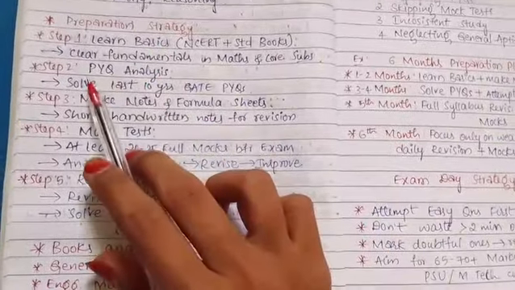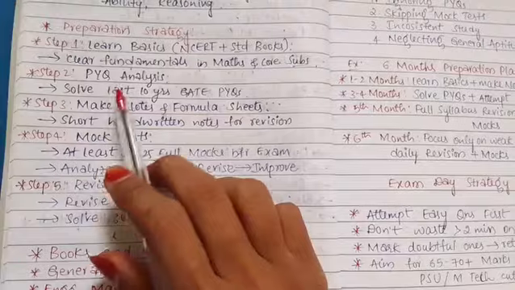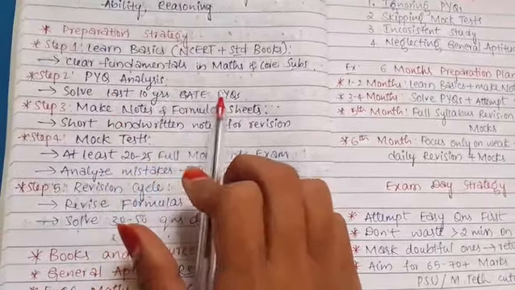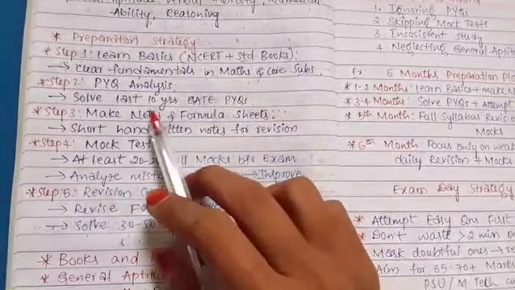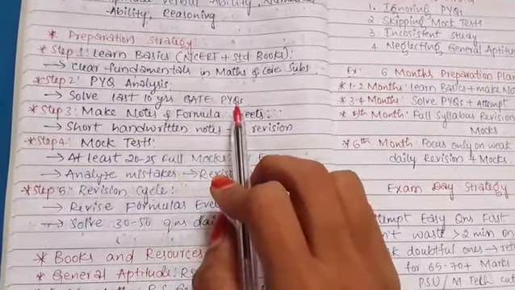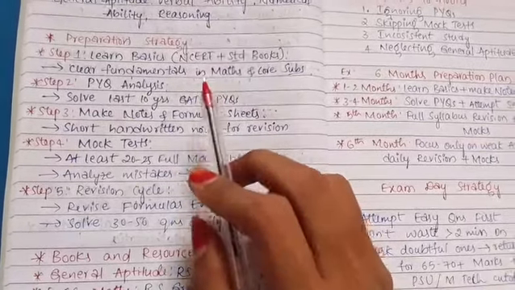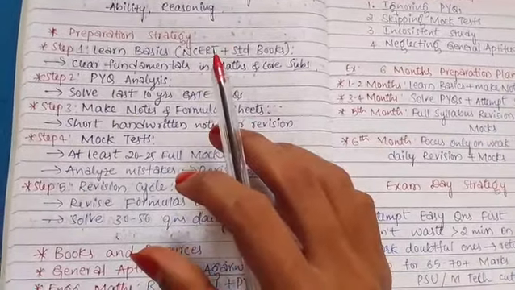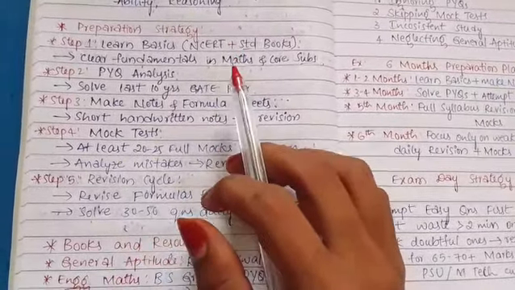And step 2, previous year question paper analysis. Solve the last 10 years of GATE previous year question papers. Only then will you understand the question paper pattern, what the important questions and repeated questions are.